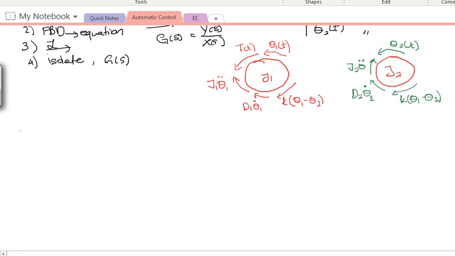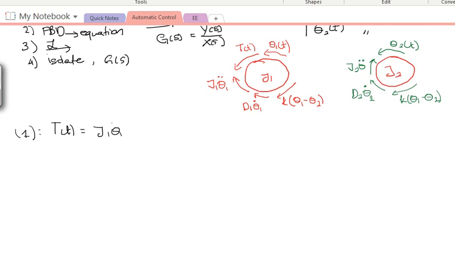So the equation number 1 due to FBD number 1 is T equals J1 theta 1 double dot plus D1 theta 1 dot plus K theta 1 minus theta 2, right?